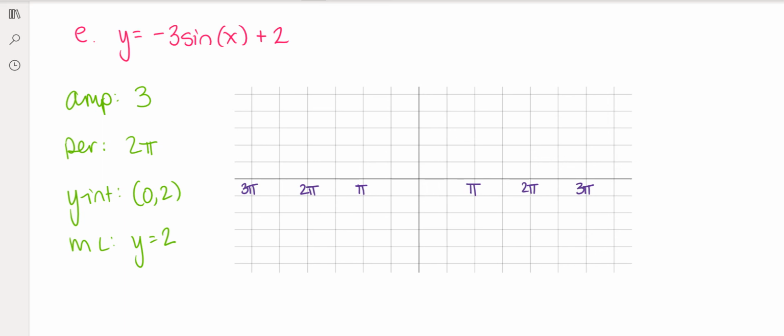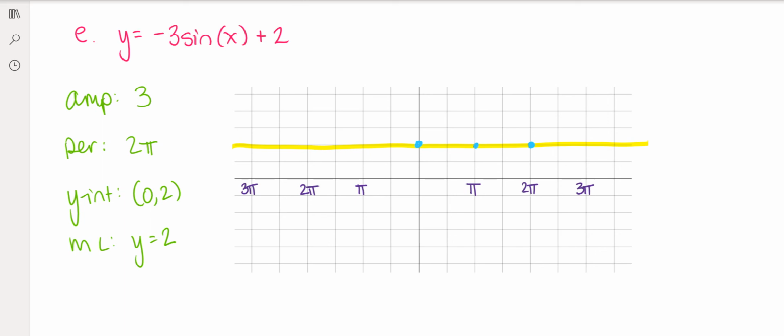That's just generally what I do. You guys can decide what you want to do. Okay, so I have my scale. My midline is at 2. My y-intercept is 0, 2. Period is 2 pi. All right, so I got that.